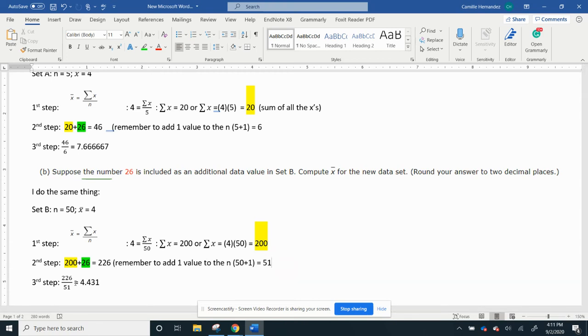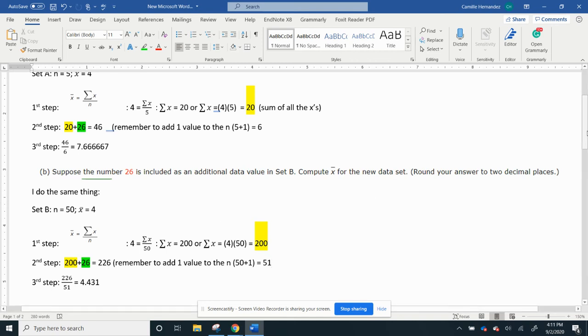It did a little bit, but not a lot. So what does that tell you? When you add values to small sample sizes, it will affect your mean. But when you add one data value to a sample that has a lot of values, it's probably not going to affect your mean unless it's an outlier.